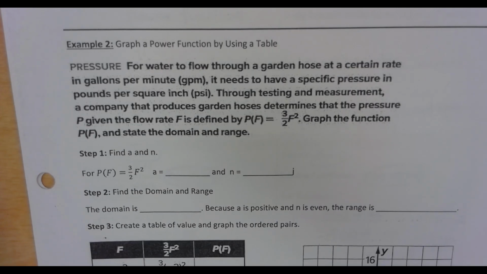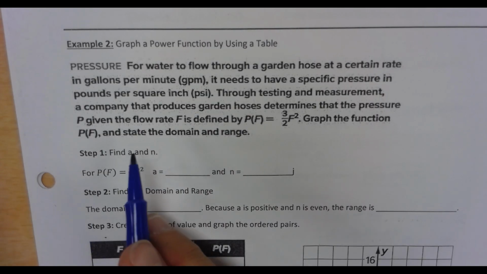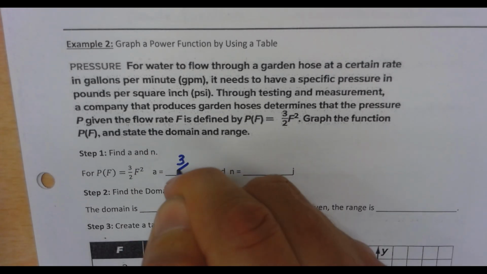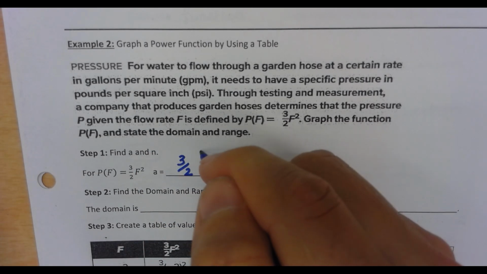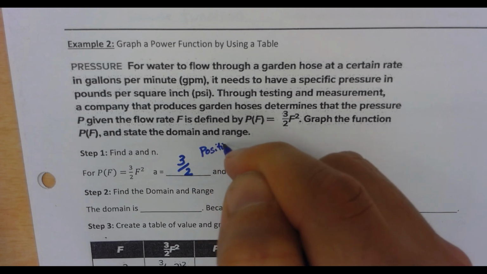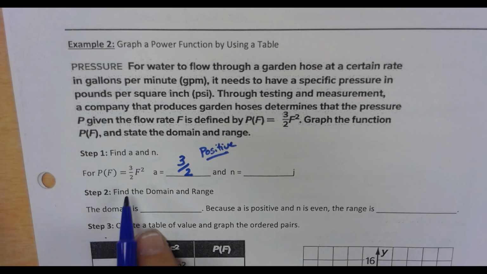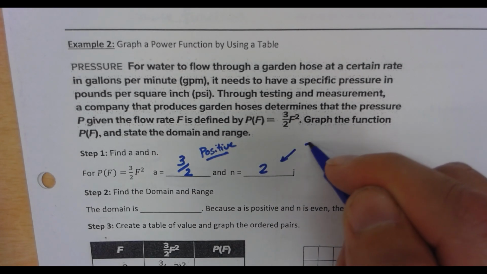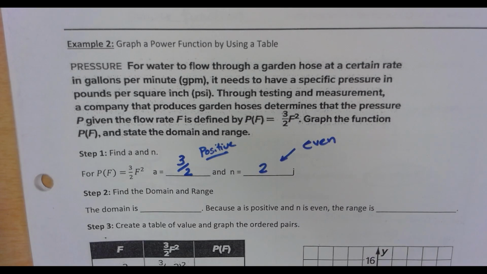All right, so first find A and N. So the leading coefficient is 3/2, which by the way is positive. And N is 2, which by the way is even. Okay, even positive.